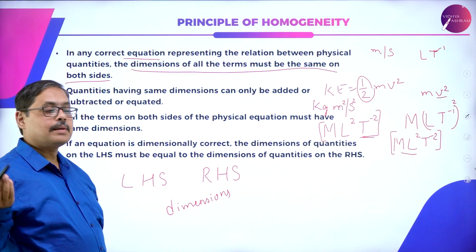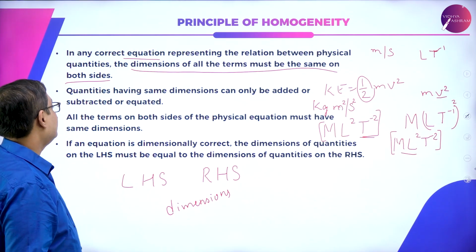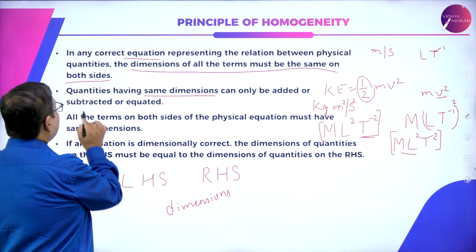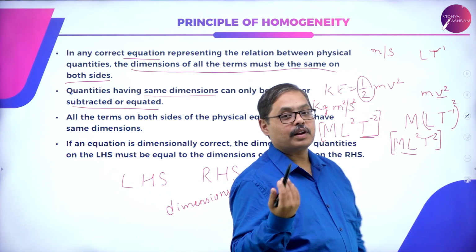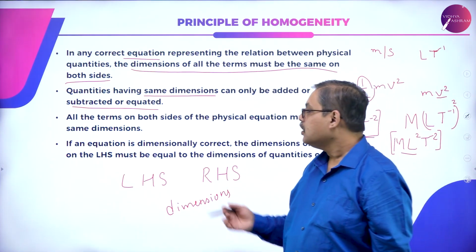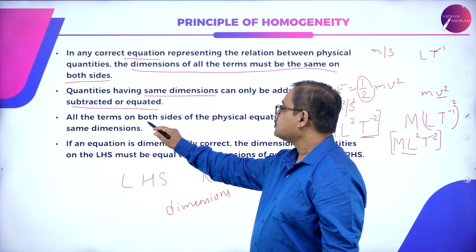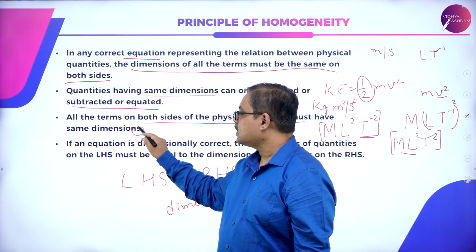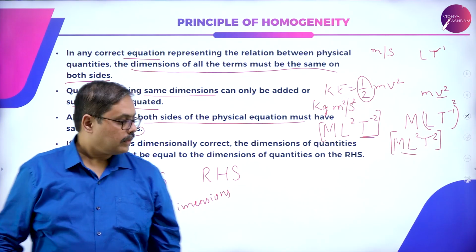We'll have a look at a few examples later, but for now let us try to understand the principle of homogeneity. Quantities having the same dimensions can only be added, subtracted or equated. If the dimensions of the terms are different, then you cannot do these arithmetic operations. All the terms on both sides of the physical equation must have the same dimensions. Otherwise, we say that the equation is not correct.